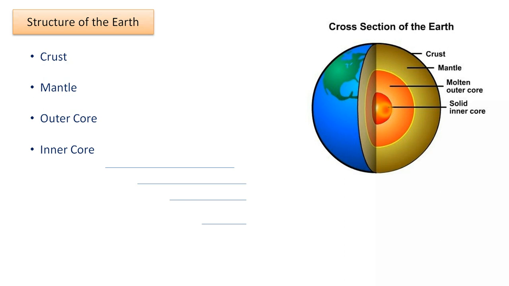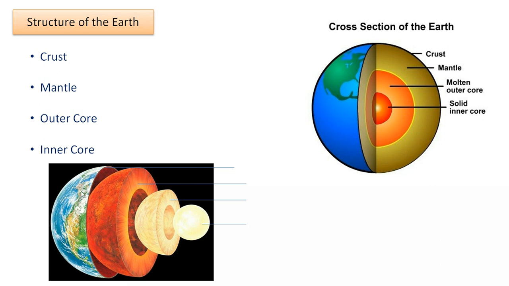The surface of earth is basically situated on the crust. So crust is the outermost, and if you see here the black outline, that is the thinnest one. If you look from sideways, the side view will be like this.